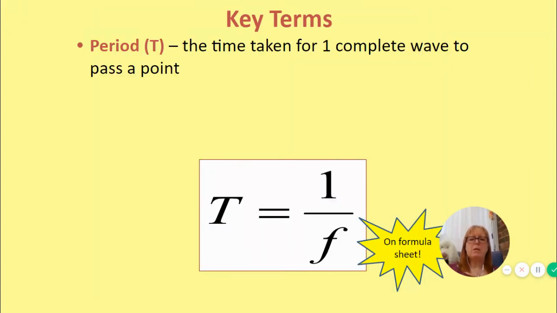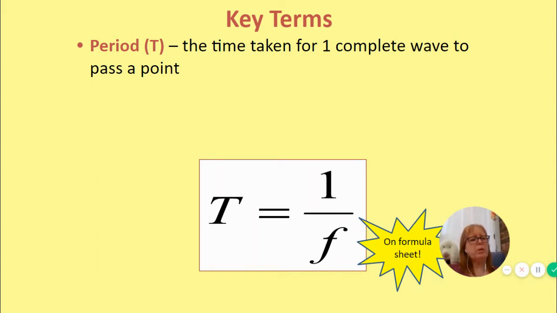So the time taken for one complete wave to pass a point. So if I was standing on the beach and I was watching the waves go, the time it would take one whole wave to go past me, that's the time it takes for one complete wave to go past you is called the period.